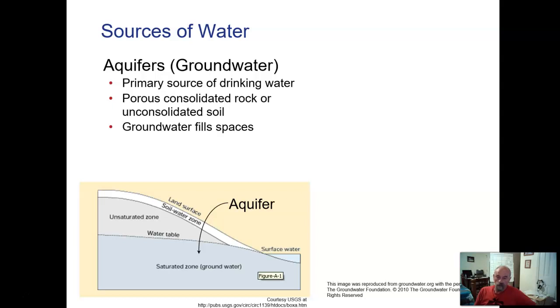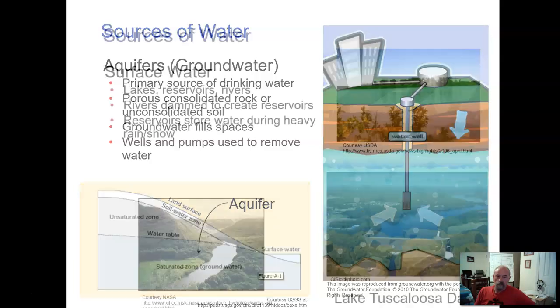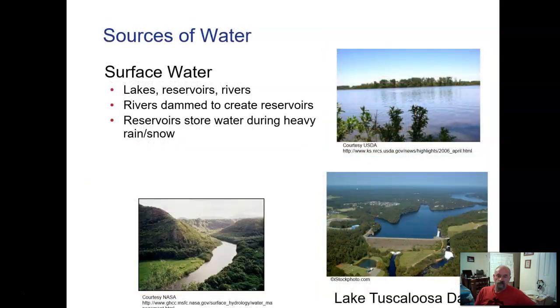Aquifers are the primary source of drinking water: porous consolidated rock or unconsolidated soil. Groundwater fills the spaces in between. Surface waters: lakes, reservoirs, rivers that are dammed to create reservoirs. Reservoirs store water during heavy rain and snowfall.